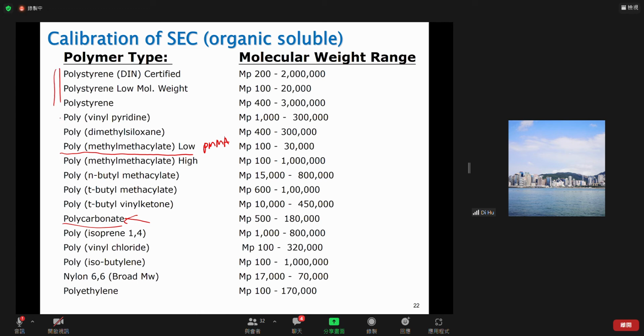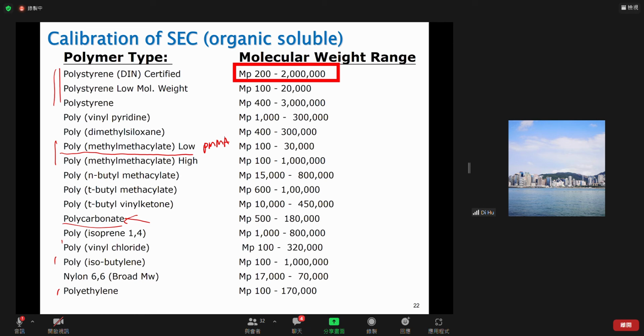It has different molecular weight ranges. You can just pick the one that fits your requirement. PMMA is also a pretty common one, and PBMA, polybutyl methacrylate, is also quite popular. Also nylon and polyisobutylene. You just pick the one you need to use.